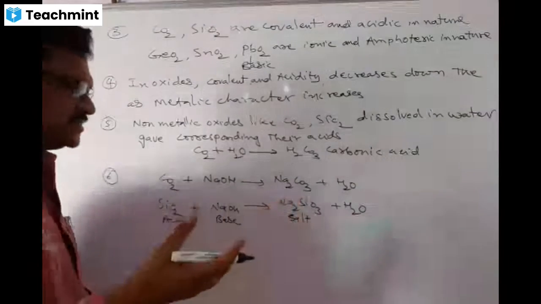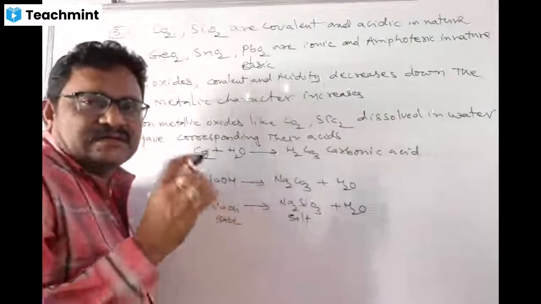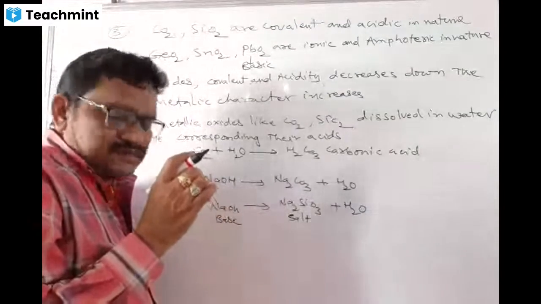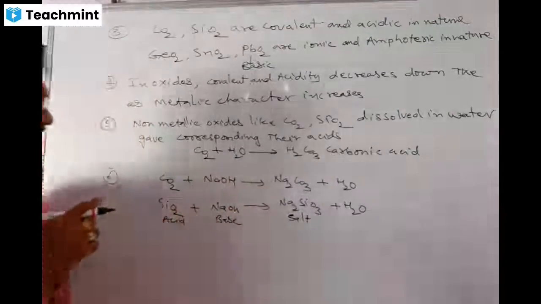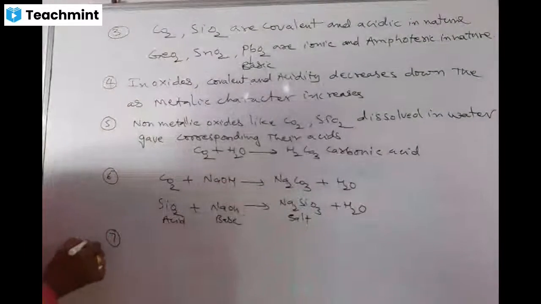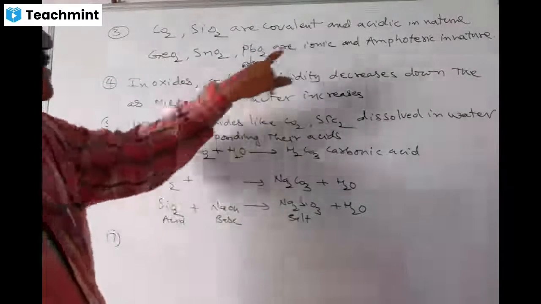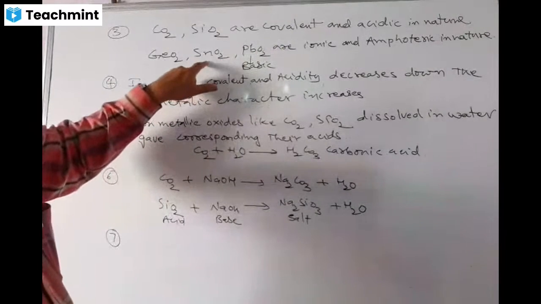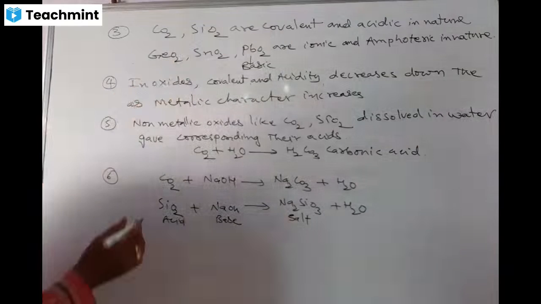This is nothing but a neutralization reaction, which you have studied from ninth standard onwards, the school level equation. Then, just now I told you stannous oxide and germanium oxide, the dioxides, are amphoteric in nature.